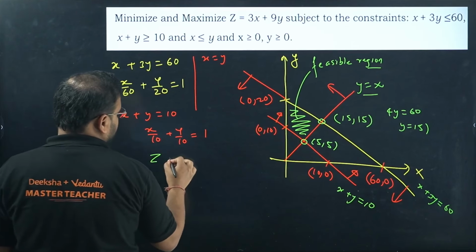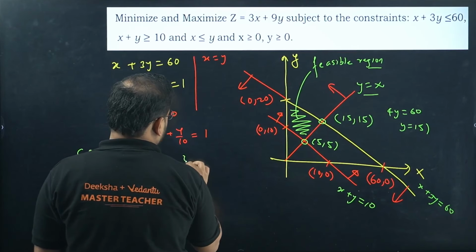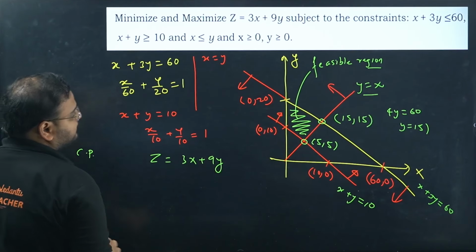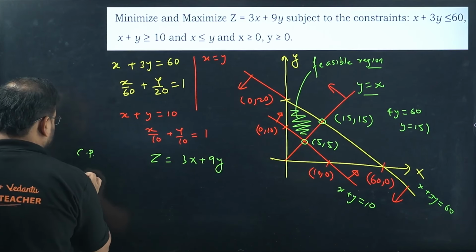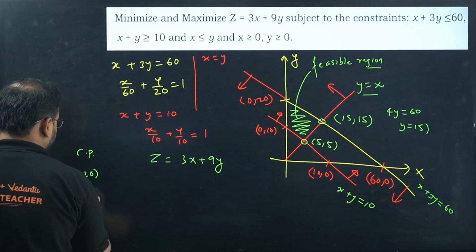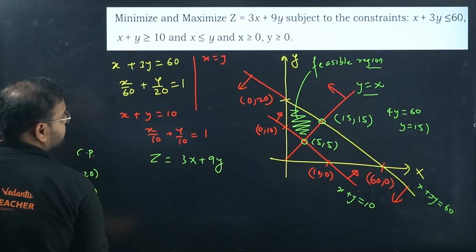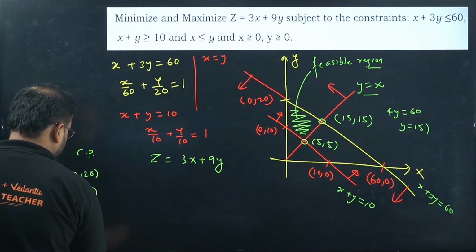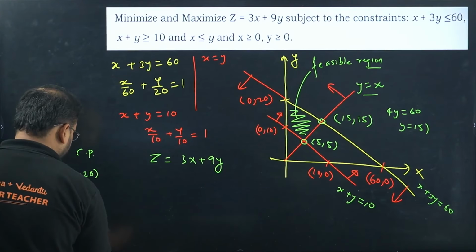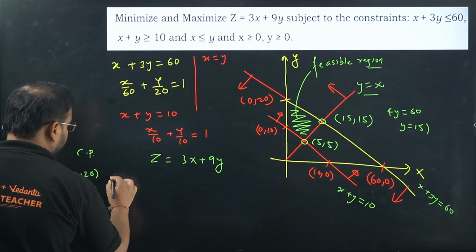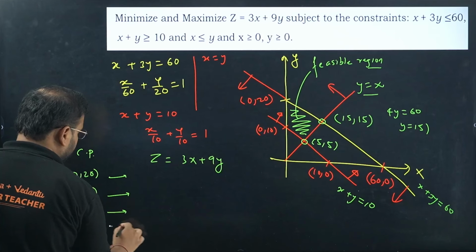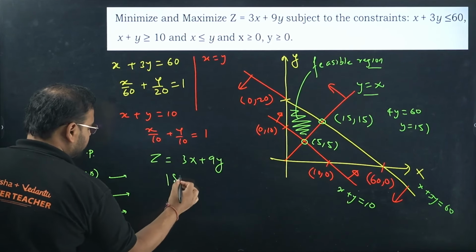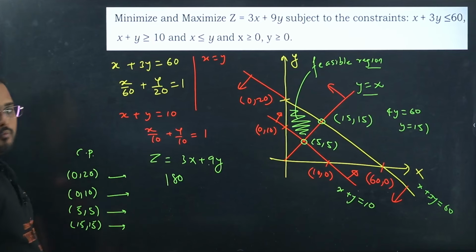And the objective function Z. The corner points are 0, 20, 0, 10, 5, 5, and last is 15, 15. Check the values now. 0, 20: 9 twos are 180.